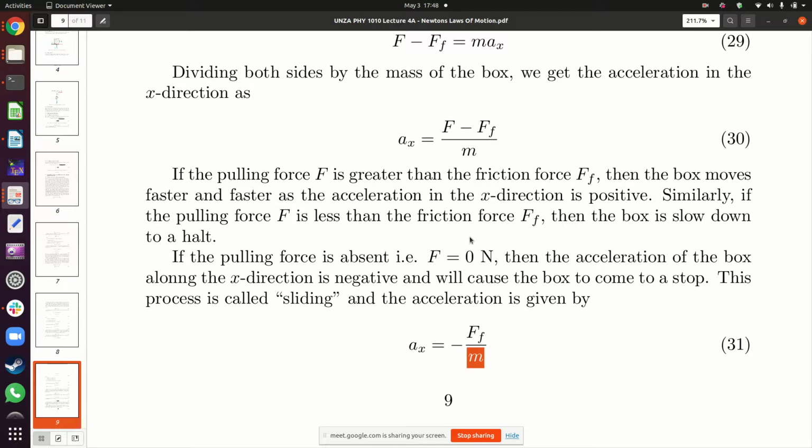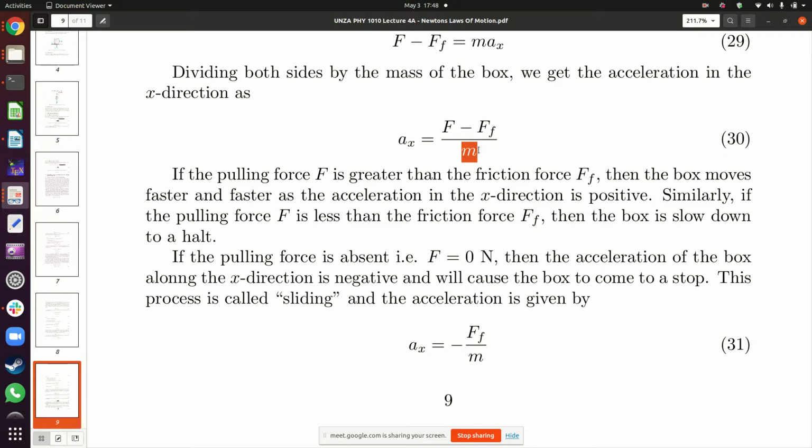So this is what we use Newton's second law of motion for. When you apply Newton's second law of motion, you're trying to make a connection between your resultant force and the mass so that you can get the acceleration. We are not interested in the mass because the mass of an object can always be weighed. Just get some object, put it on a scale, and find what the mass is. What we are interested in is the resultant force, because when we divide it by the mass of the object we get the acceleration of that particular object.